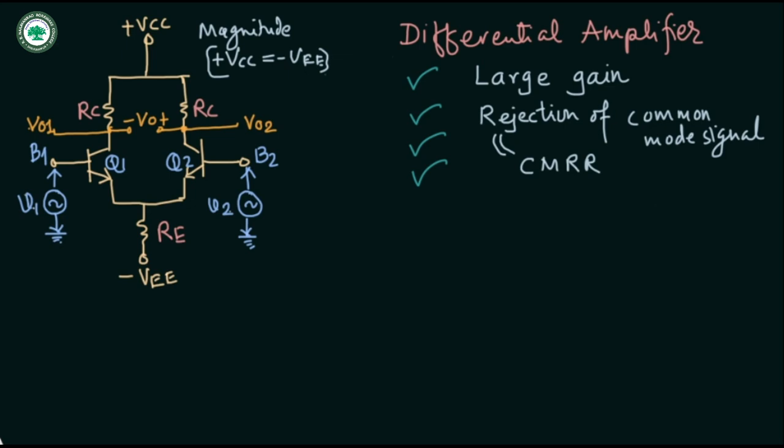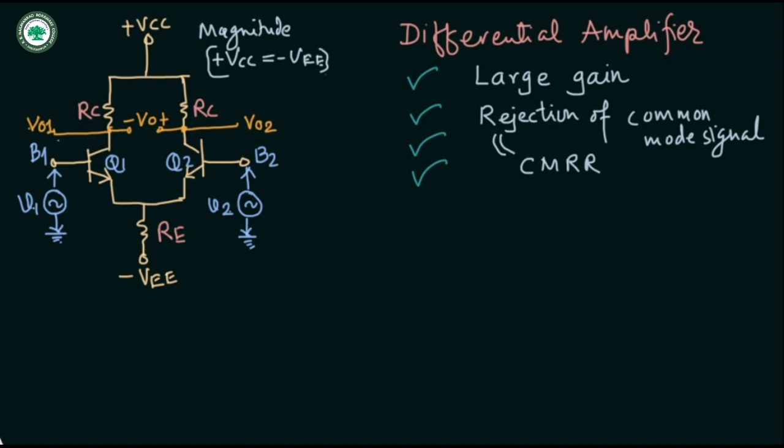So we apply the V1 input voltage to the B1 base and the V2 input voltage to the B2 base, and we expect the outputs from the collectors: the individual output of transistor Q1 will be VO1, and the individual output of Q2 will be VO2.